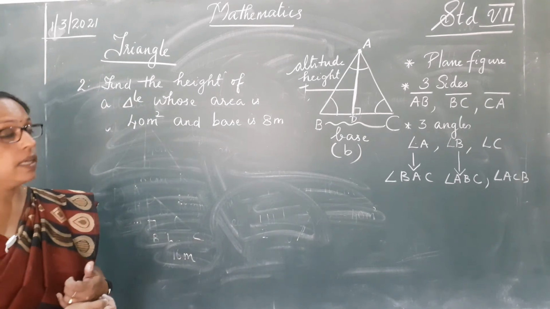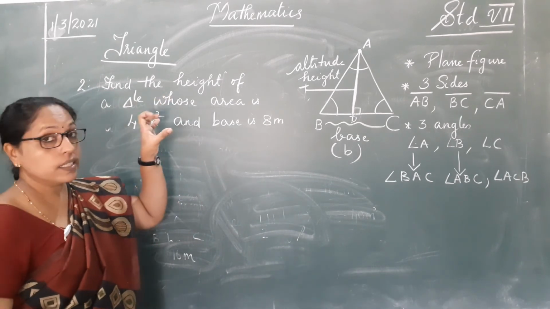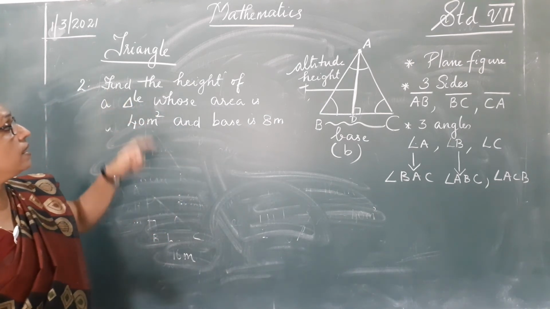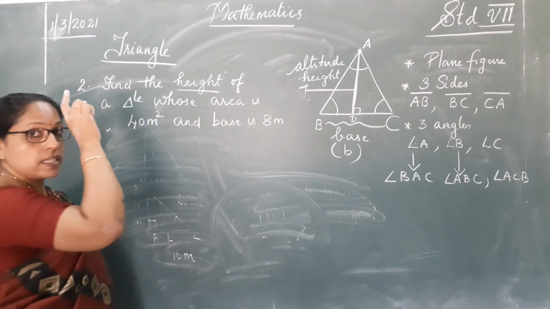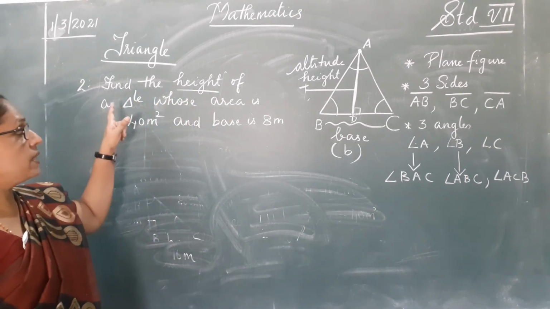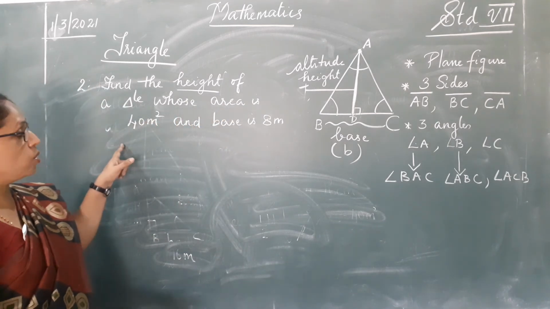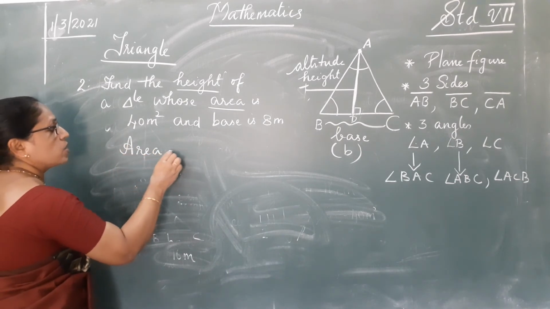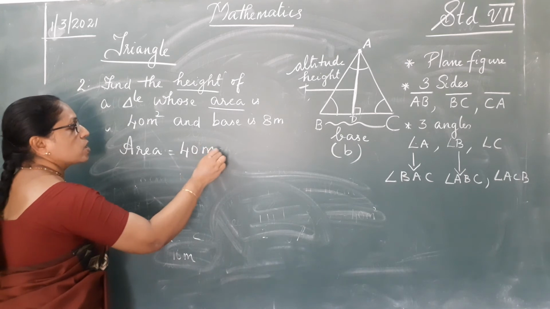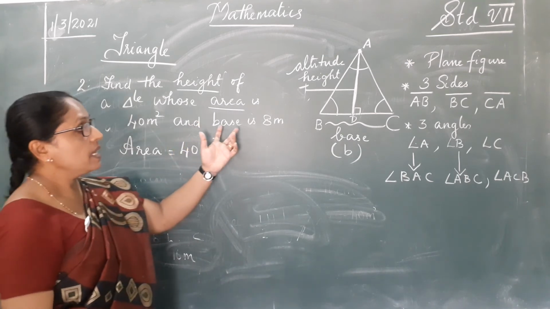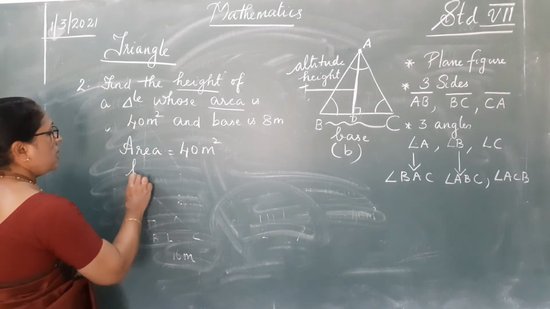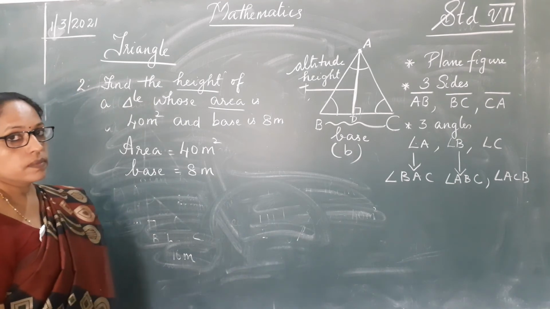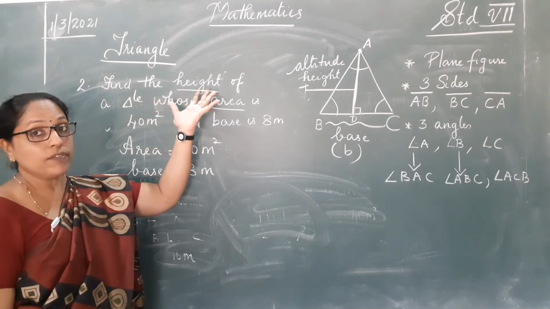Read the question two times, collect the details from the question, and then think of what we have to find. Find the height. Height is the missing factor. Area is given: area equals 40 meters square, and base is 8 meter. The thing we have to find is height.